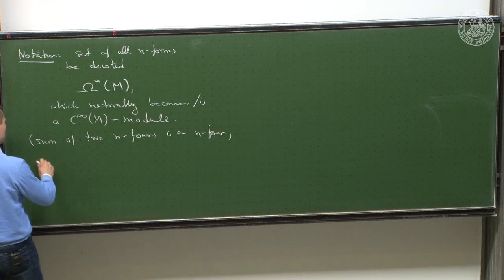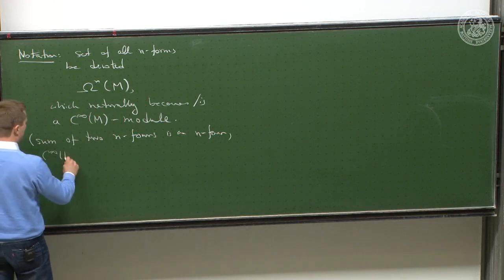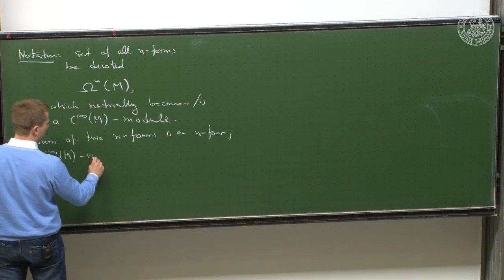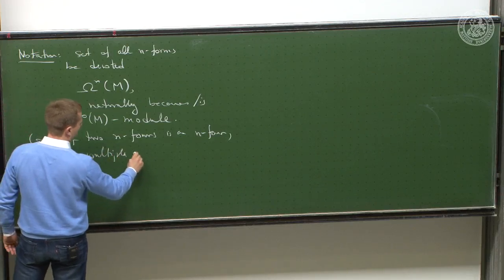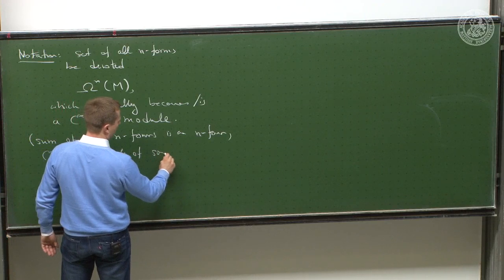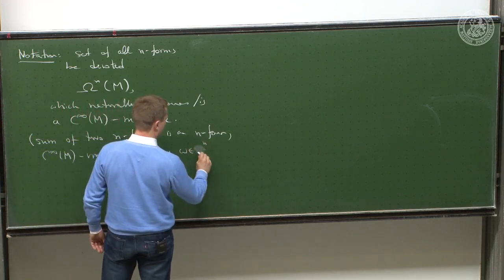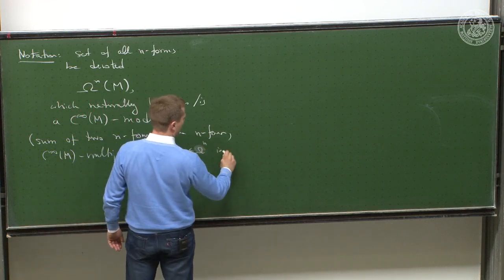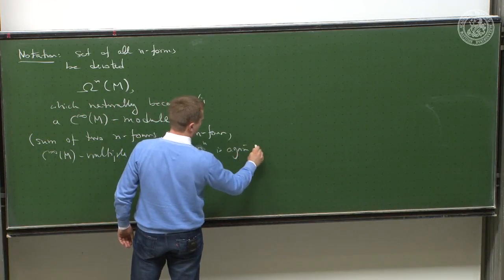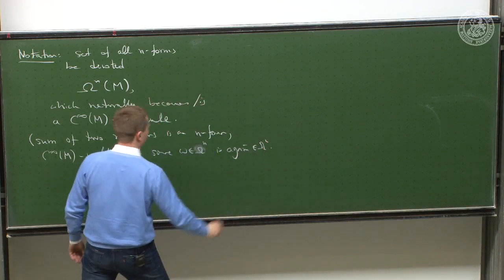and the C infinity(M) multiple of some omega in Omega^n is again in Omega^n. That's all quite obvious.